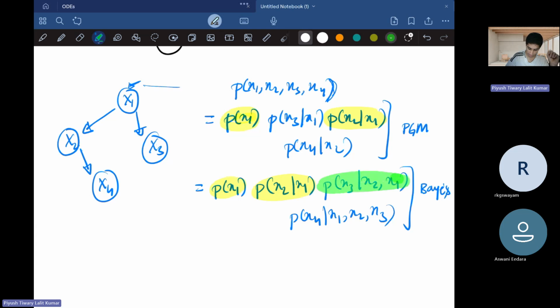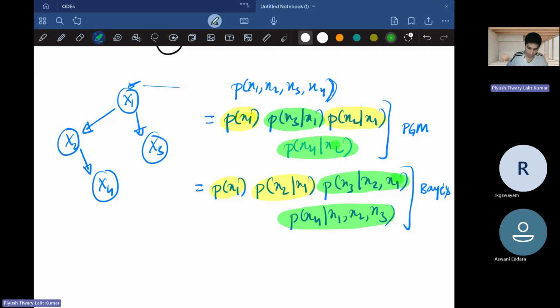This distribution is basically telling you that to calculate x3, you need x1 and x2 both. However, if you have the knowledge of this probabilistic graph structure, you can directly say that once you have the information about x1, you can directly get x3. Similarly, here the Bayes rule is telling you that to calculate x4, you need to know about x1, x2, and x3.